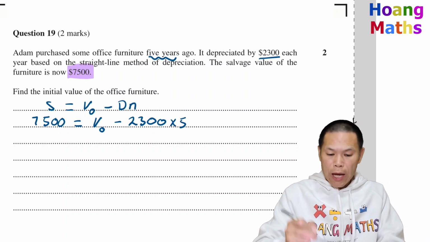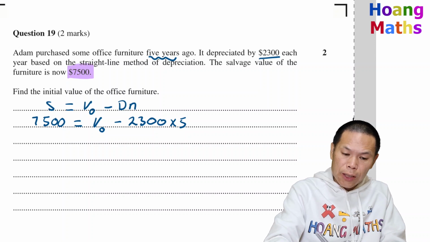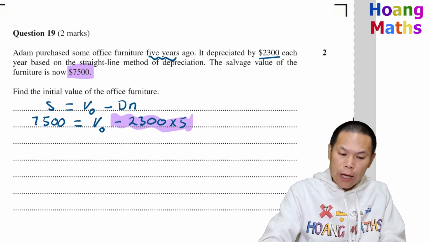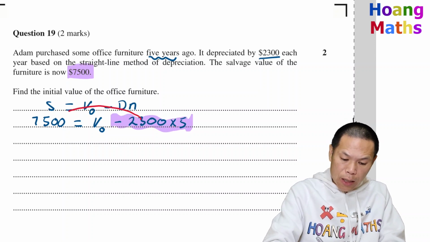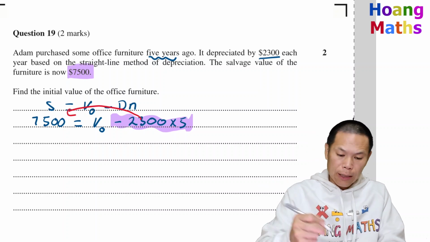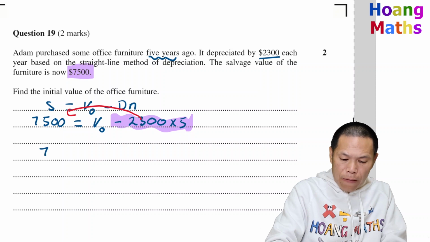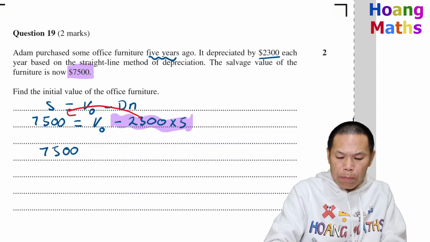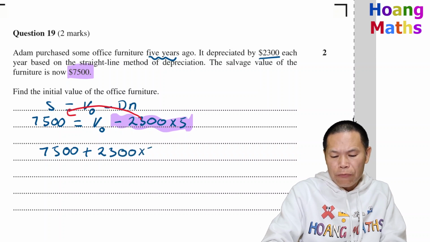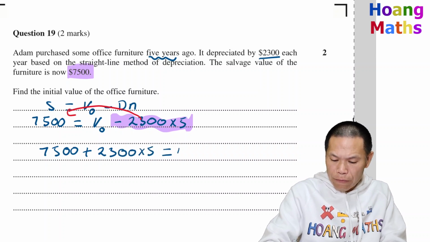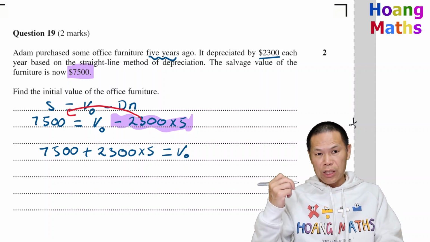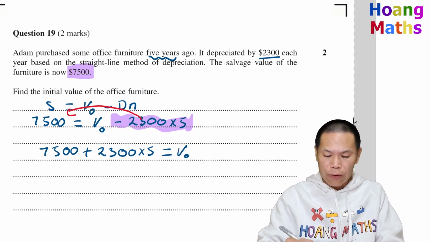And what I can do is move this to this side here, so that becomes plus. So 7,500 plus 2,300 times 5 is V0. That is the purchase price or initial value, if you like.